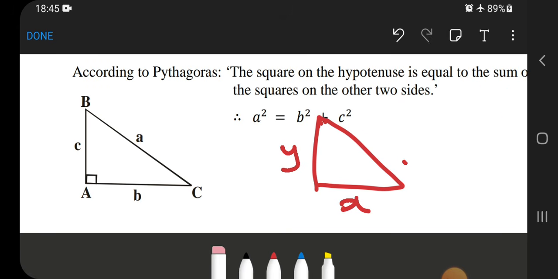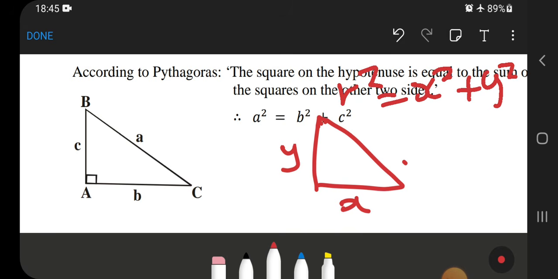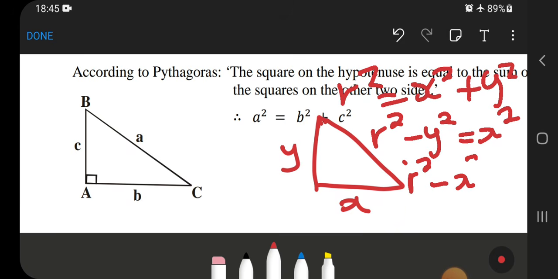I mixed up R and A's and B and what. So R squared equals X squared plus Y squared. And then when we want our X, we'll say R squared minus Y squared equals X squared. And then R squared minus X squared equals Y squared.